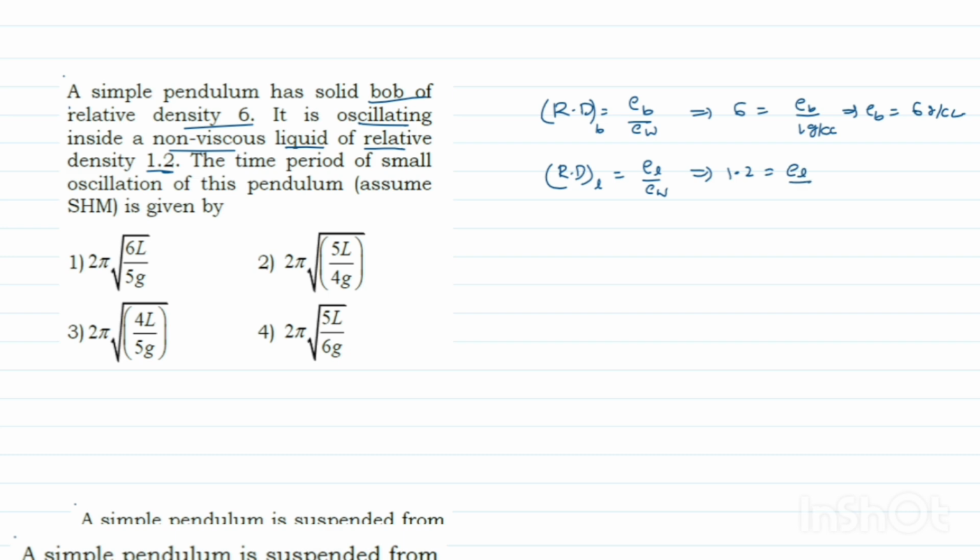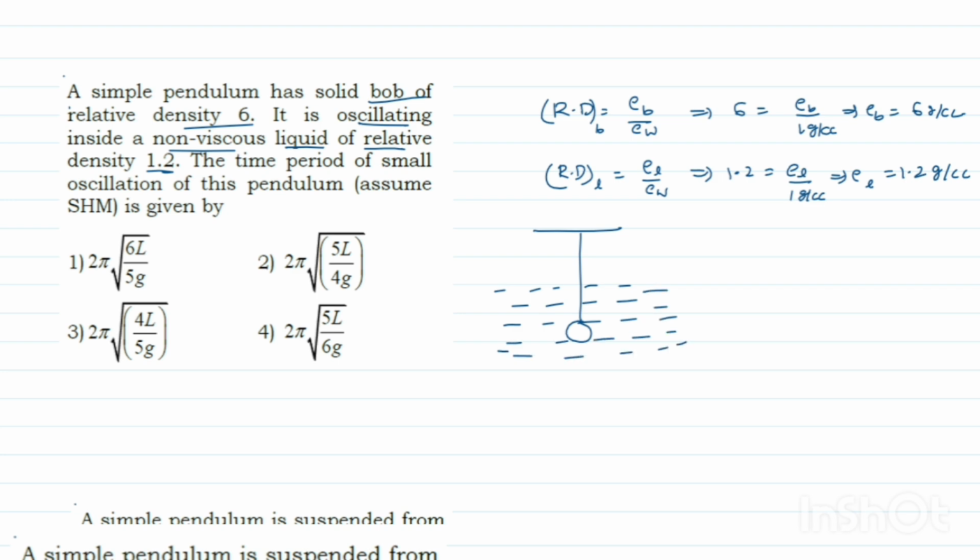Then density of the liquid by 1 gram per cc means the density of the liquid will be 1.2 gram per cc. Now a simple pendulum is going to be oscillating inside the liquid.